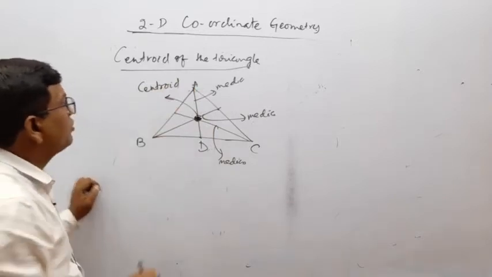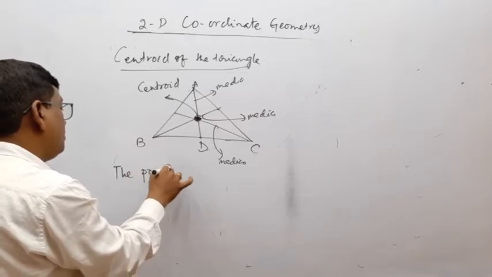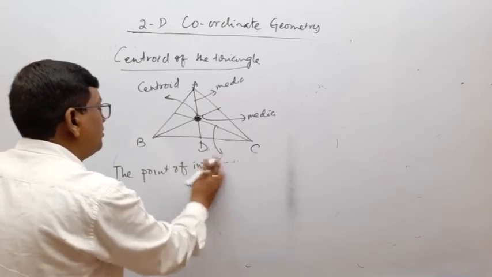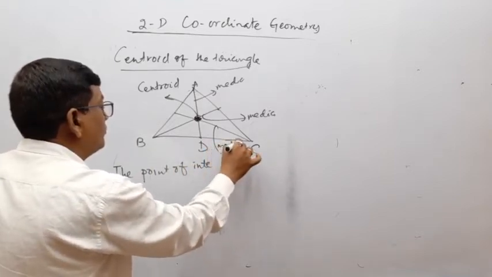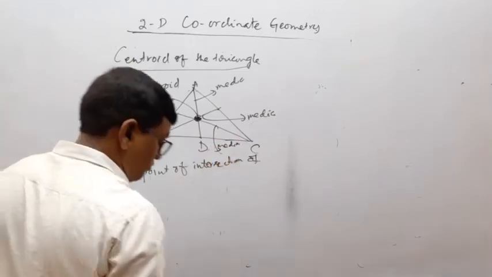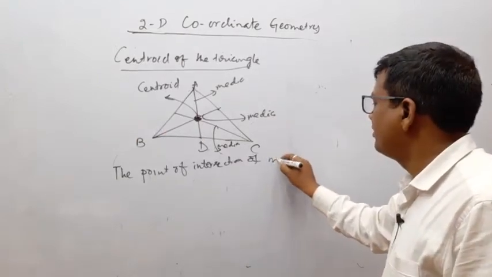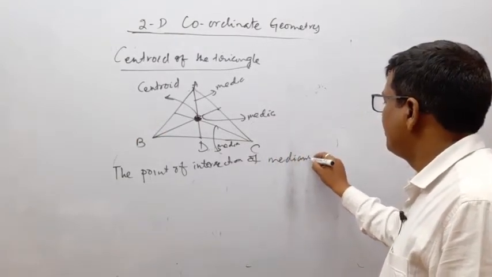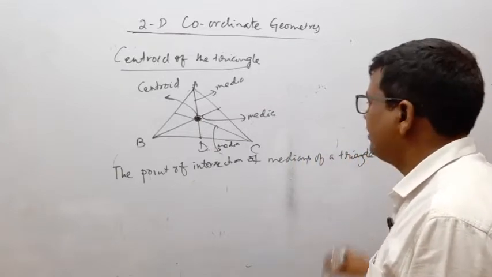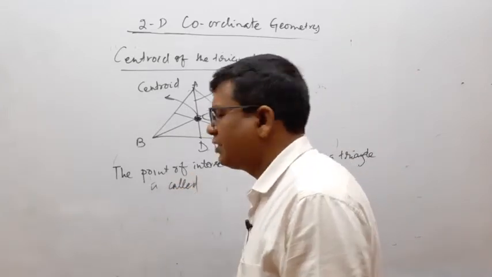So what do you mean by centroid? The point of intersection of the medians of a triangle is called the centroid of the triangle.